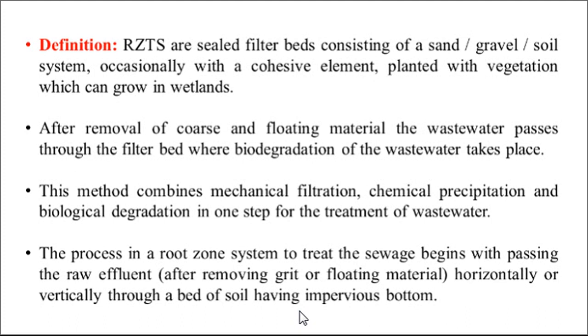The process in a root zone system to treat the sewage begins with passing the raw effluent after removing grit or floating material from the sewage, and this wastewater may be applied horizontally or vertically through a bed of soil having an impervious bottom.